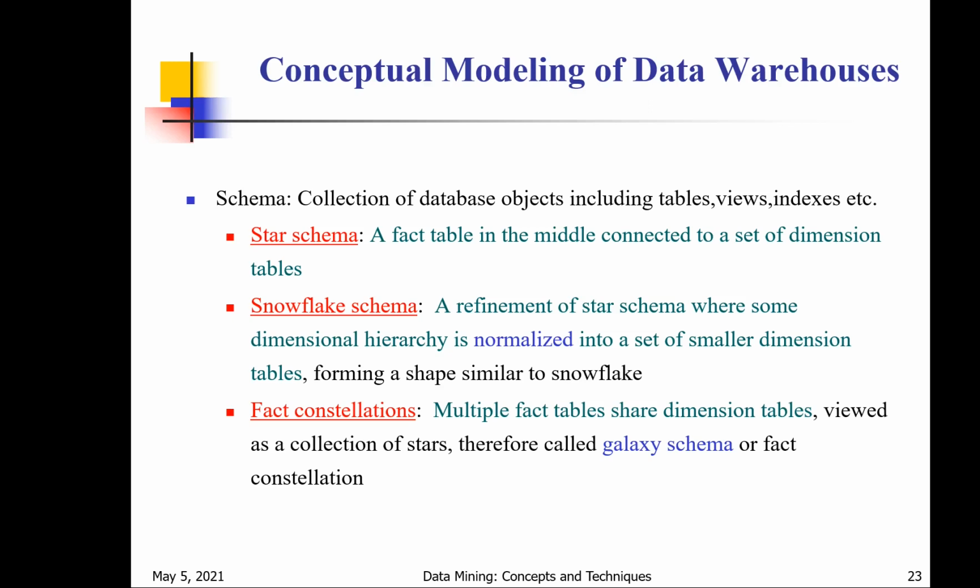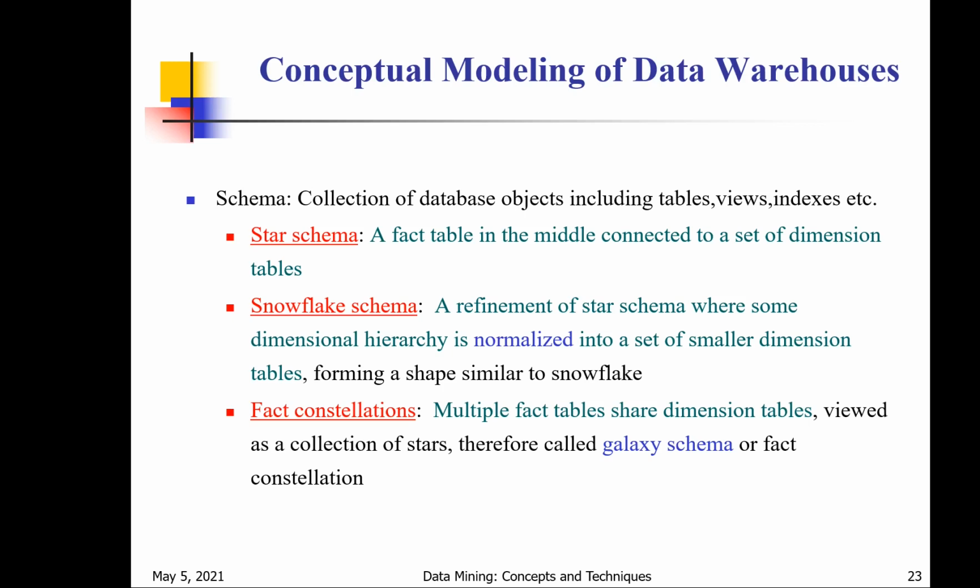Next, fact constellation. Fact constellation is nothing but multiple fact tables. That means two or more fact tables share dimension tables, viewed as a collection of stars, therefore called galaxy schema or fact constellation.